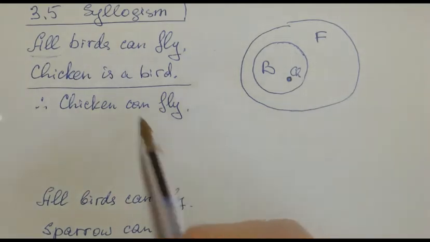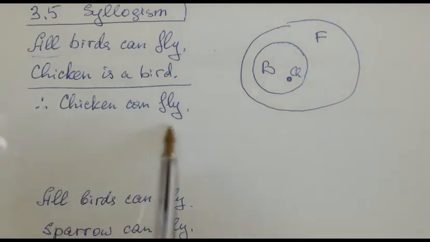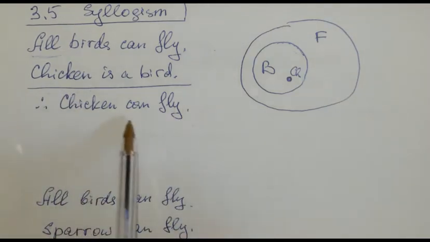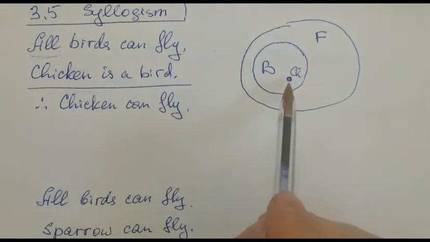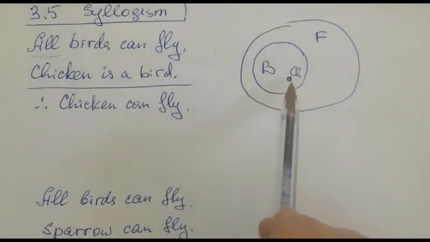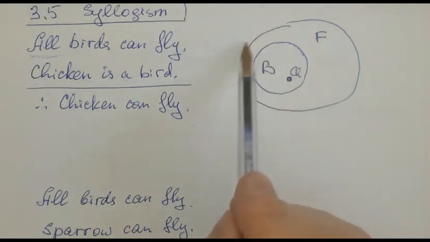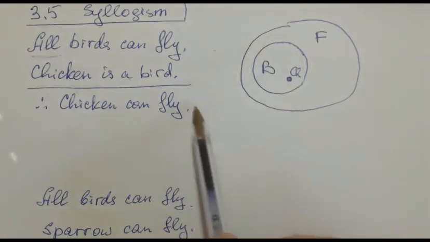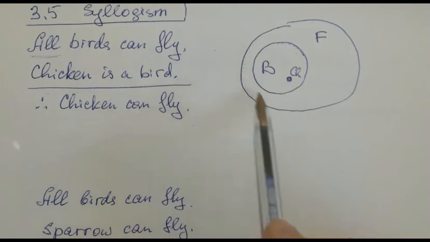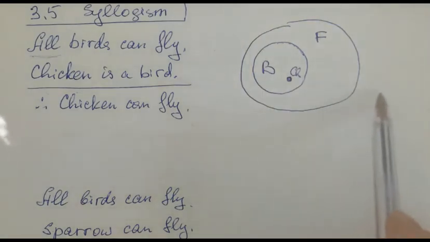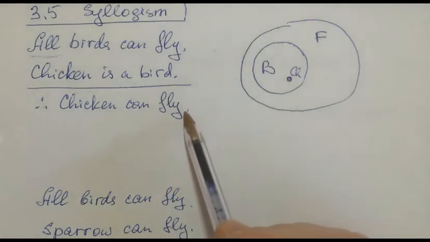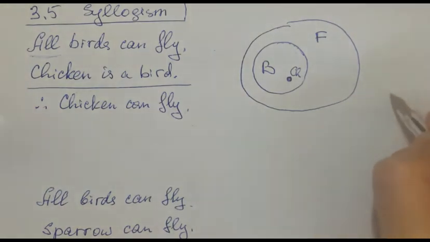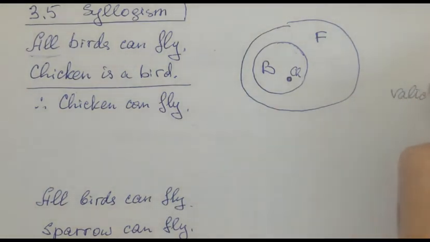Now let us see what about the conclusion. Chicken can fly. Chicken is situated inside the circle representing flying things. It means that our picture satisfies the conclusion, so the argument is valid.